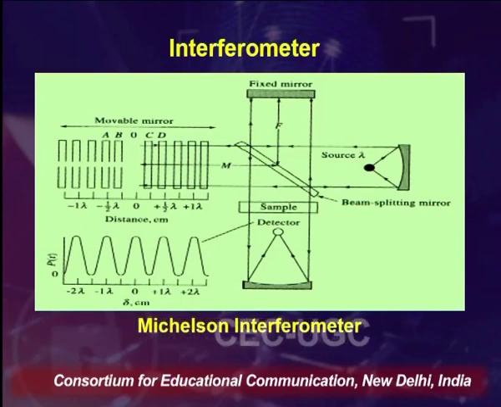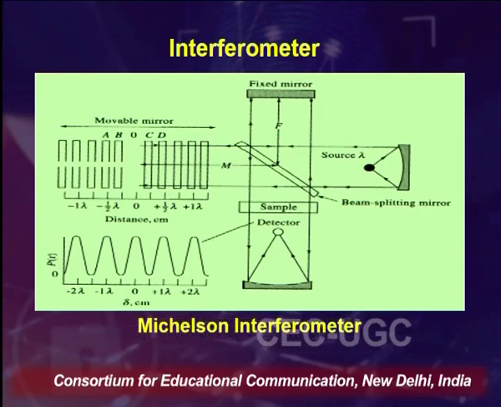This is one example of a Michelson interferometer, where you can see one movable mirror. We have a sample, a detector, and a fixed mirror. We have a beam splitting mirror through which the radiations are coming from the movable mirror as well as the fixed mirror.